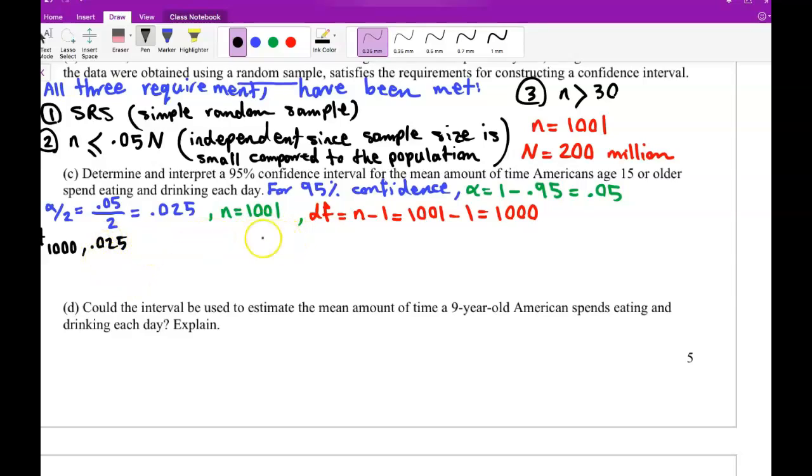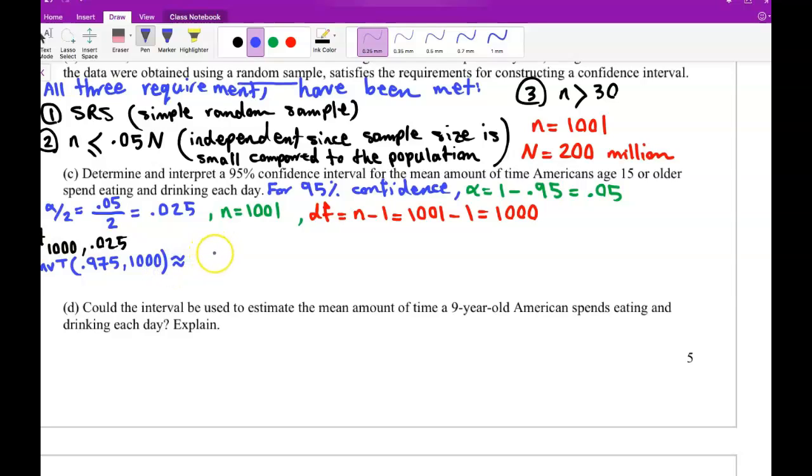Okay, so here again using the calculator. This is what we have on the right. Now, using what you have on the left, it's 1 minus 0.025, now we have 0.975, and degree of freedom is 1000.